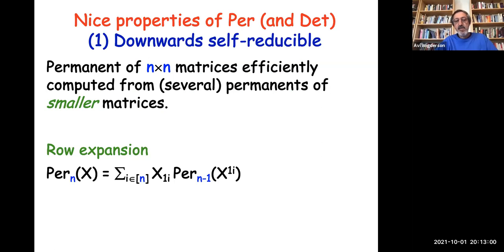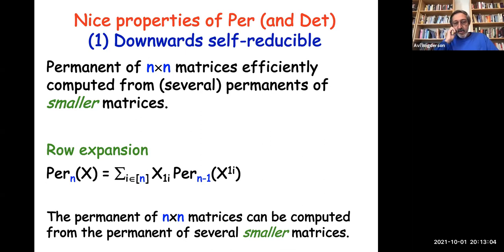It's the same for determinant. So we can reduce to smaller matrices if we are willing to enlarge their number. Of course, if you wanted to repeat this, you wouldn't go very far because you'd get an exponential number of problems to solve. But at least one reduction by one is possible.